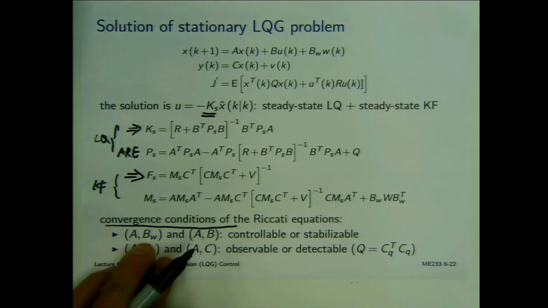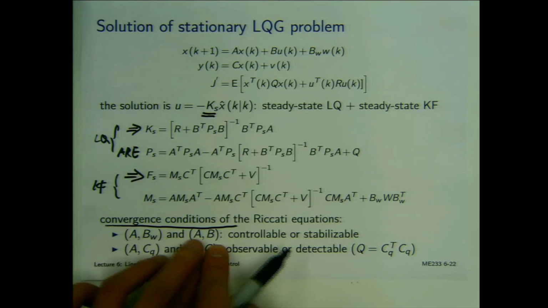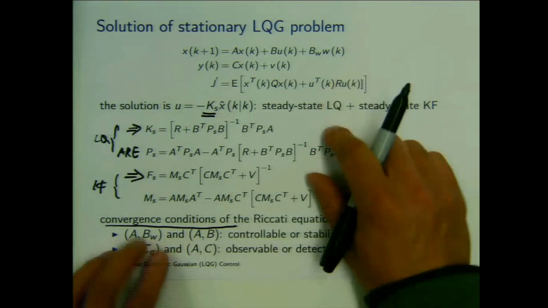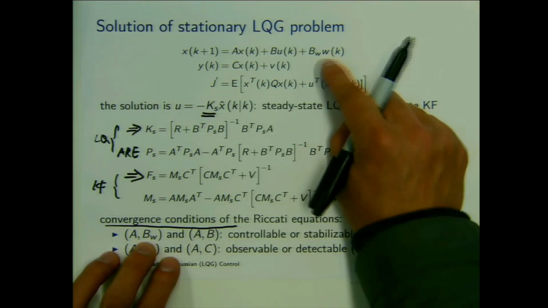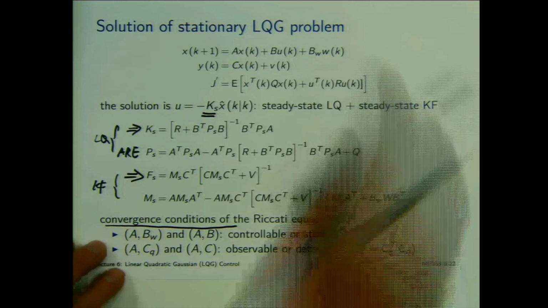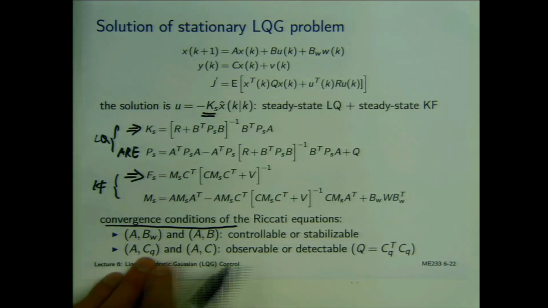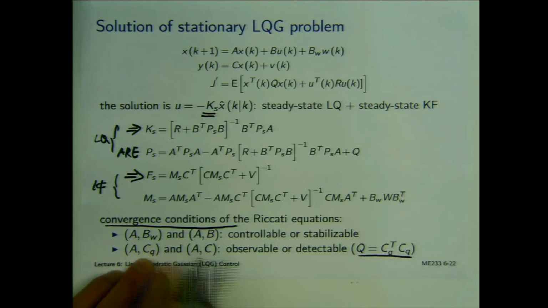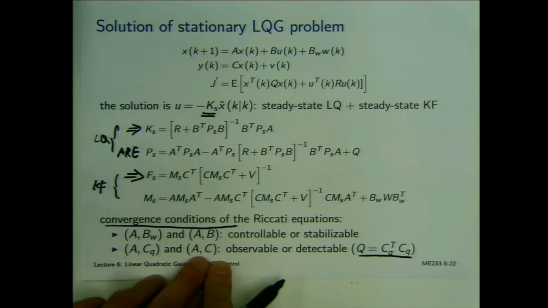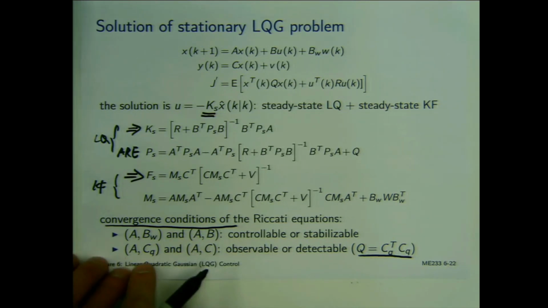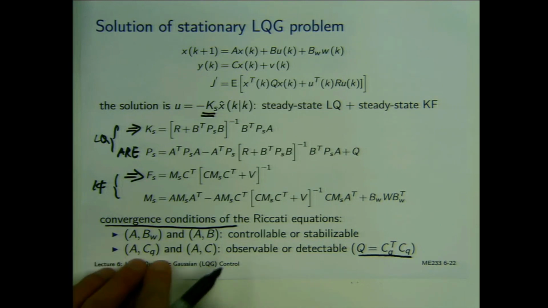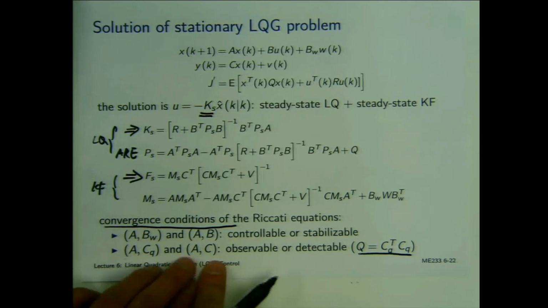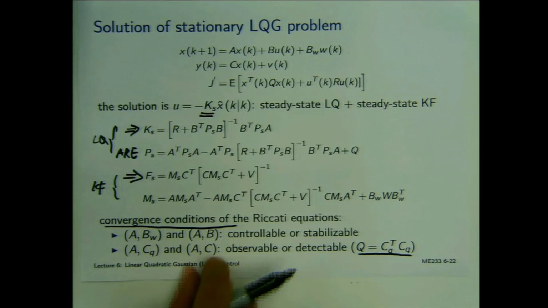The first is for the Kalman filter, and the second one is for LQ. It's easy to see because BW is for the noise, so it's for the Kalman filtering problem. And then second, A, CQ. CQ is defined by this. A, CQ and A, C have to be observable or detectable. A, CQ is for the LQ problem, and A, C is for the Kalman filter problem.